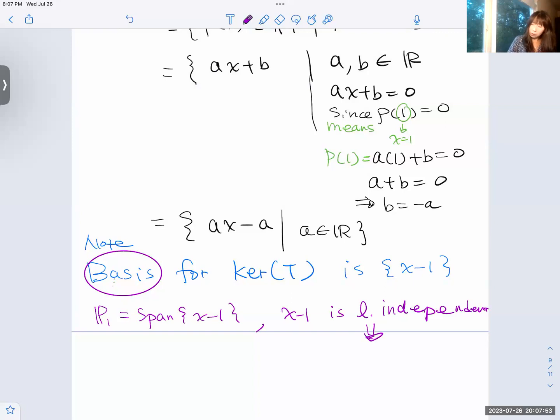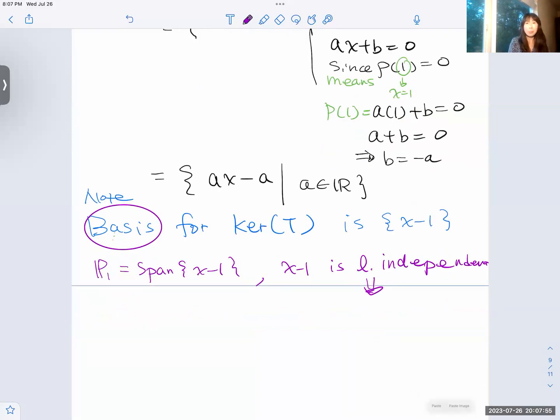To show linear independence, we have AX minus A equal to 0, so we have 0X minus 0 equal to 0. So A must be equal to 0.